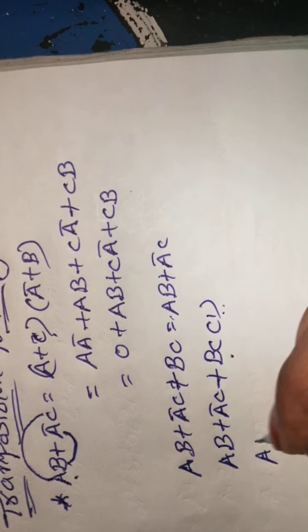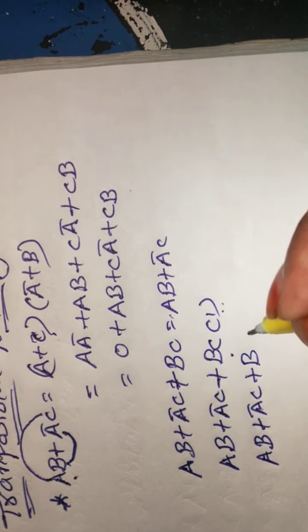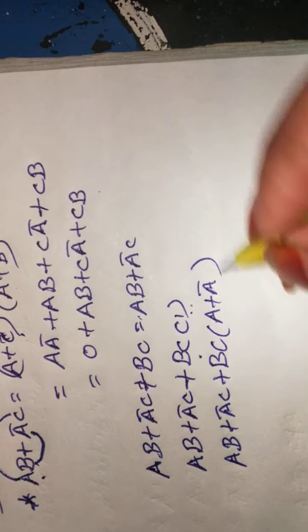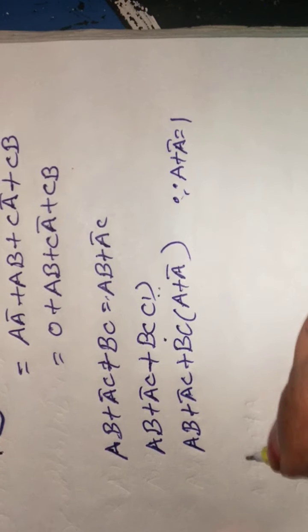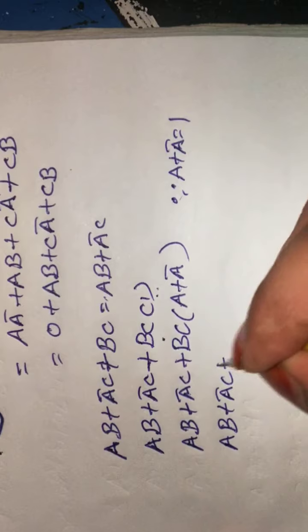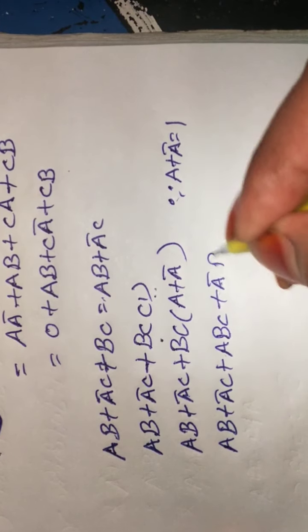So AB plus A bar C plus BC into A plus A bar. Since A plus A bar equal to 1, therefore AB plus A bar C plus ABC plus A bar BC.